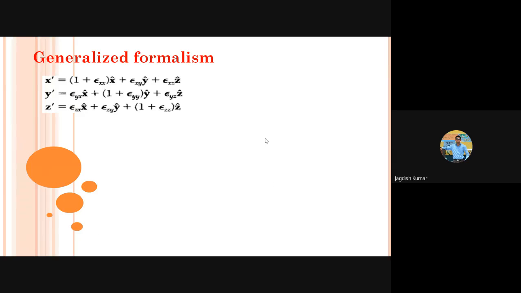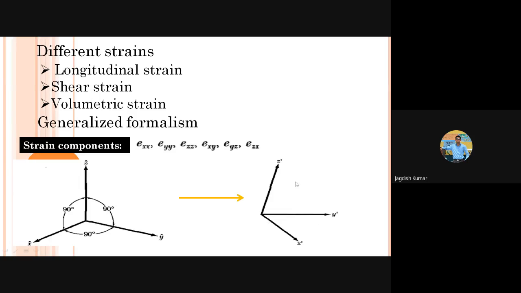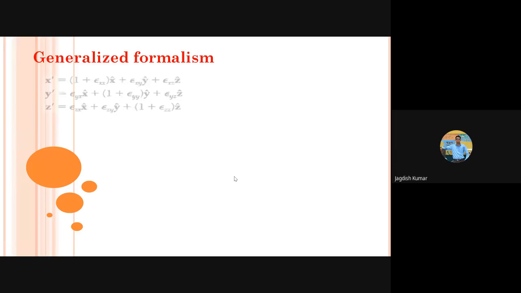Now, how can we relate those new axes in terms of the old axes? Suppose these are now the new axes of a deformed crystal. How can we define them mathematically in terms of the old axes? We may say x dash is equal to, suppose, 1 plus e, this is the deformation now, exx x cap plus exy y cap plus exz z cap.